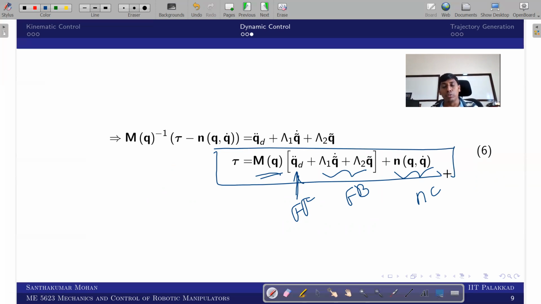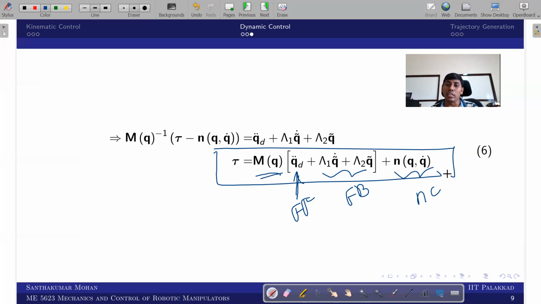Wherever you take a control, whether it is computed torque, or simple PD with gravity compensation, or a simple kinematic control, if the path is dependent on time, what you call a trajectory, and the trajectory is given, then you have to use tracking control.